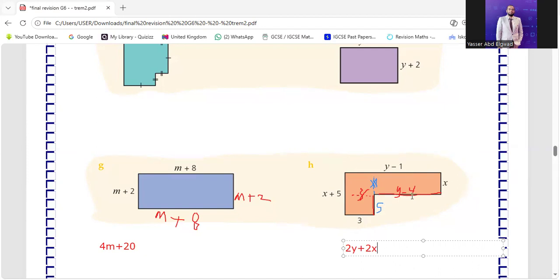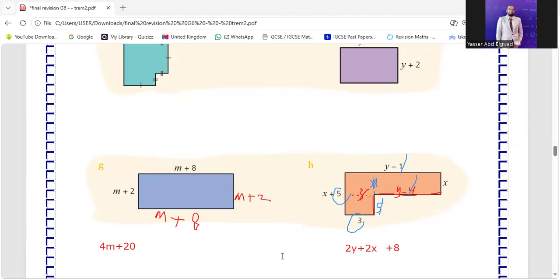You cancel them. We can cancel this, this, and this. The remainder is going to be 5. I put 5 plus 3, you get 8. Here is the final answer.